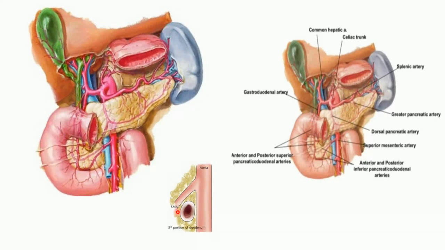Okay, and you have to appreciate that there is always so much fatty tissue around it, fatty tissue that prevents this artery from compressing our duodenum. Normally there is that adipose tissue around our artery and around this part of the duodenum to prevent this artery from compressing the third part of the duodenum.